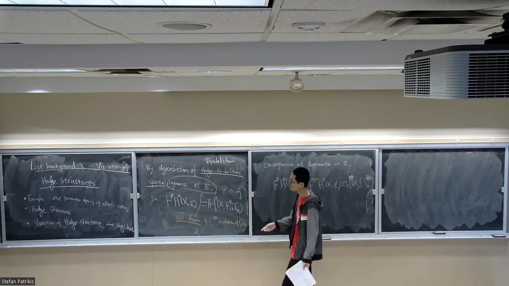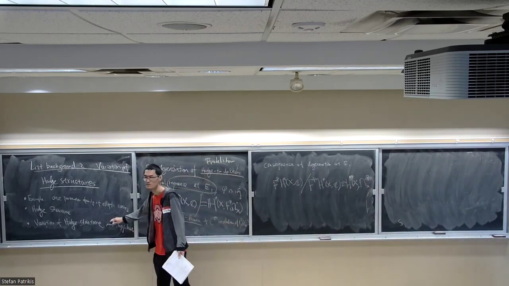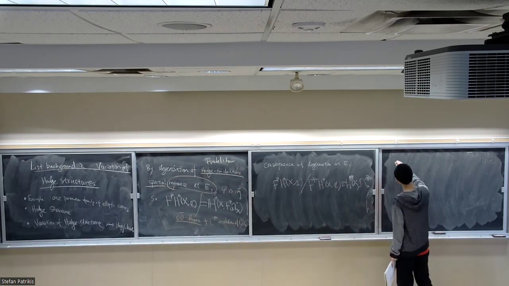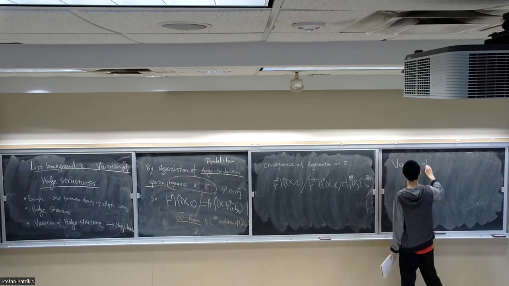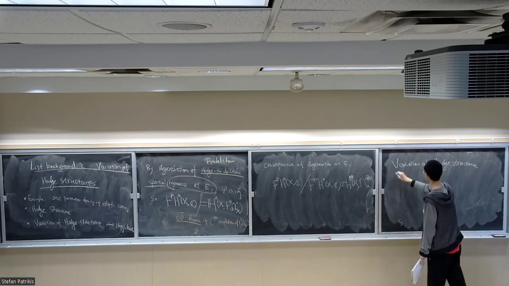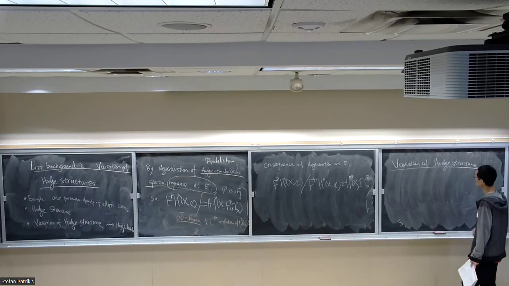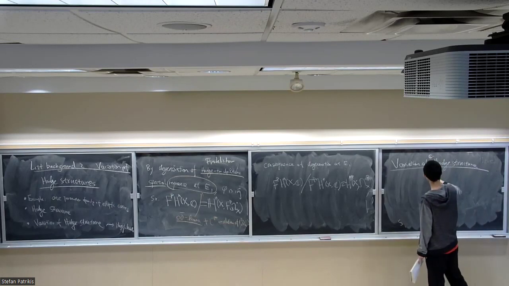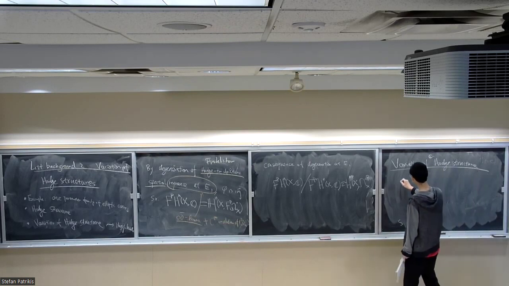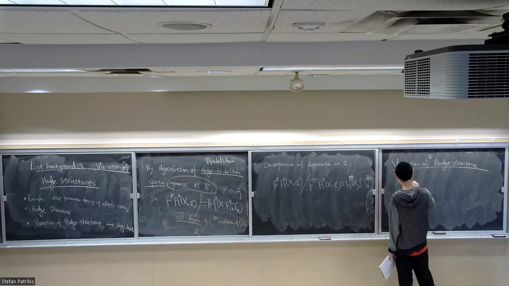So this is the part of the story for a single Hodge structure. Now let's work with variation of Hodge structure. Let's first work with variation of complex Hodge structures.